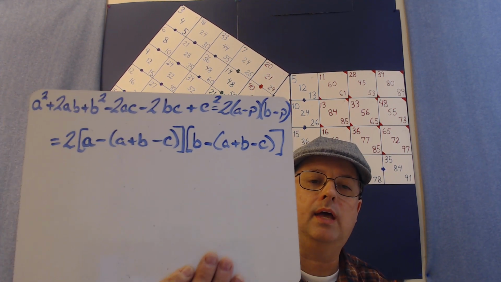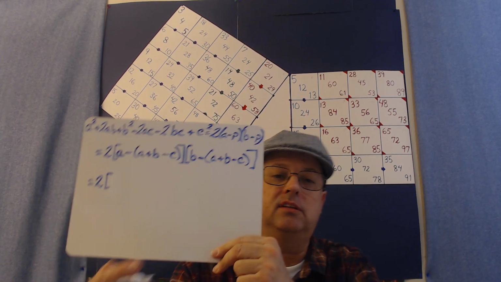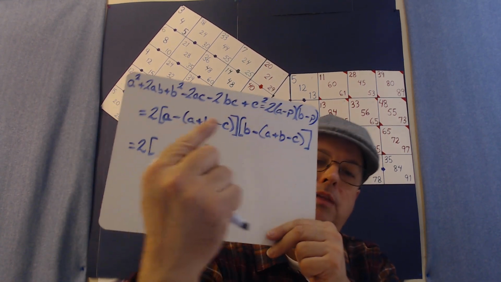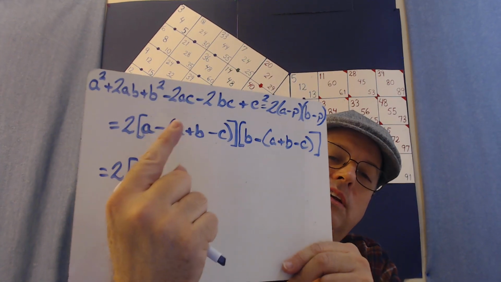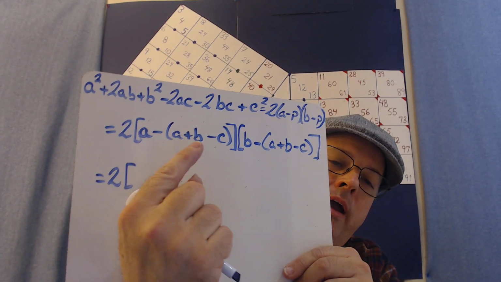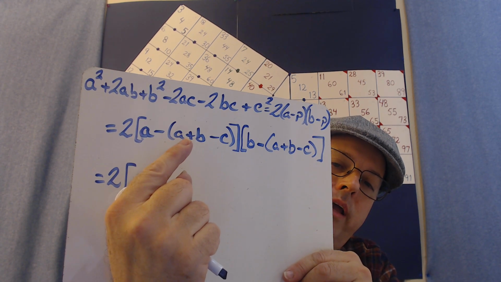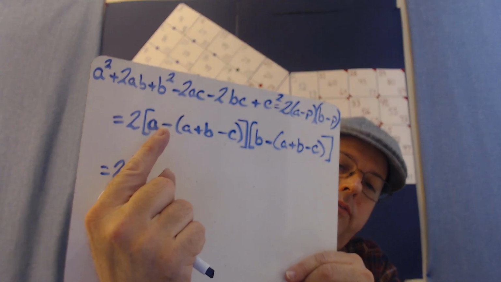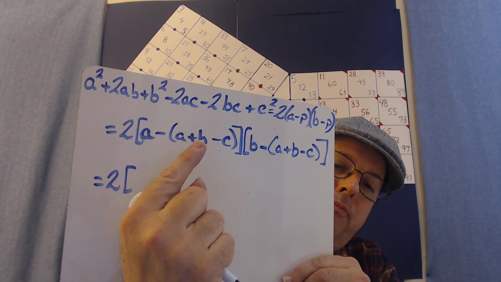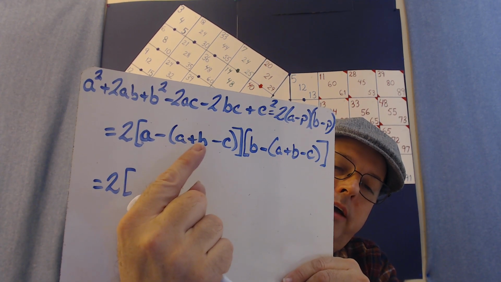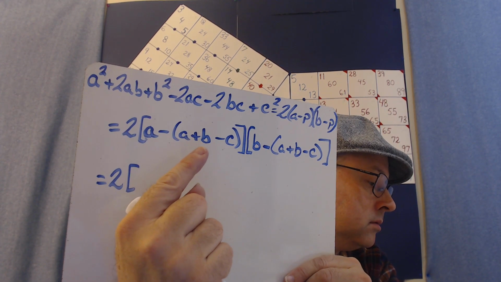Okay, now let's work on that a bit. So then we have 2. And now check this out, because this is check this out mathematics, right? You see here I have a minus a. Those are going to cancel out. And then this negative carries over to this positive b. So a negative times a positive will be a negative b.